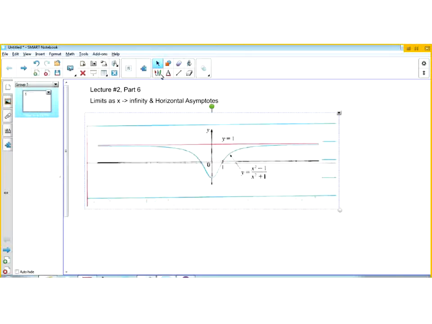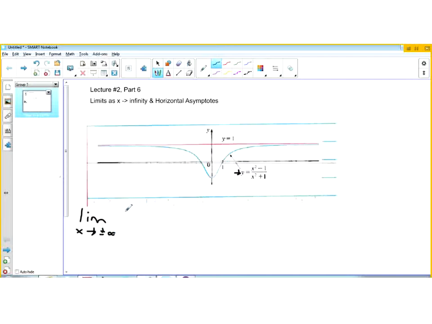The rational function presented right here, y is equal to x squared minus 1 divided by x squared plus 1. And we are interested in evaluating this limit, the limit as x approaches either plus or minus infinity.